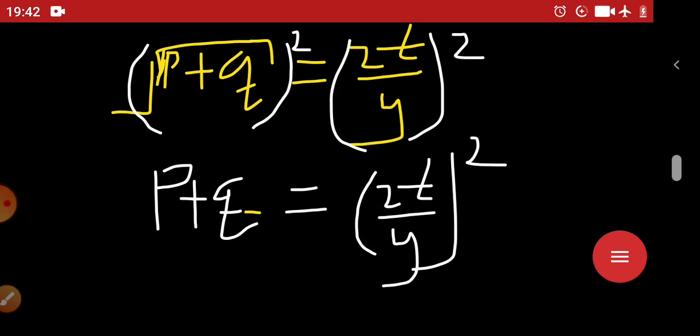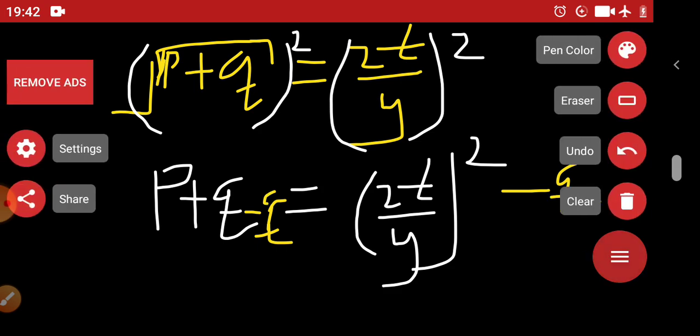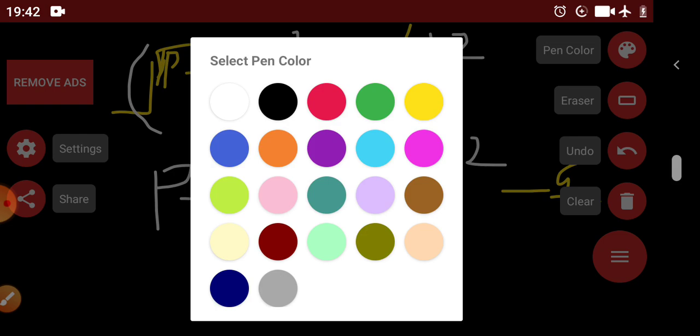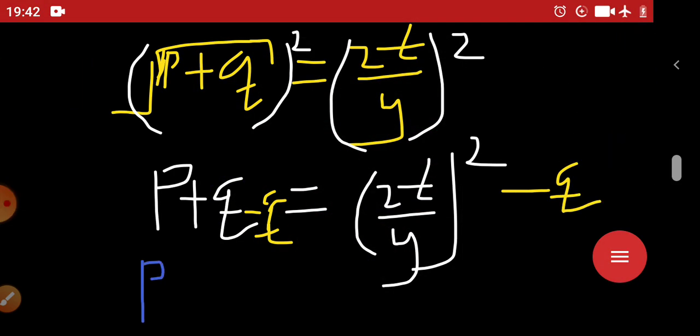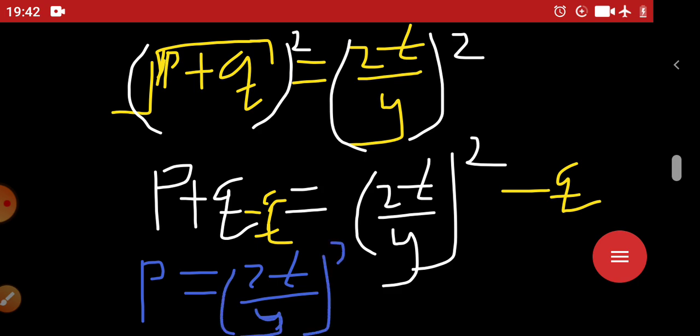So we need to subtract q from both sides. As our final answer we have p is equal to 2t over G, all squared, minus q. So this will be our final answer.